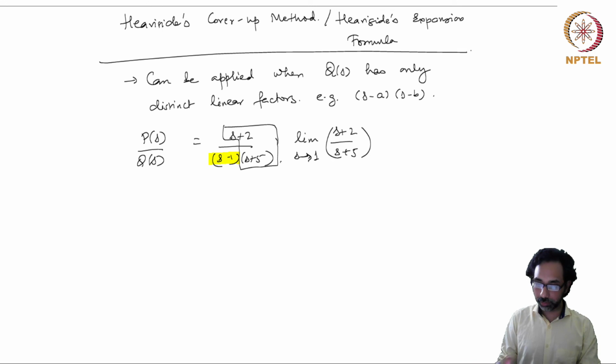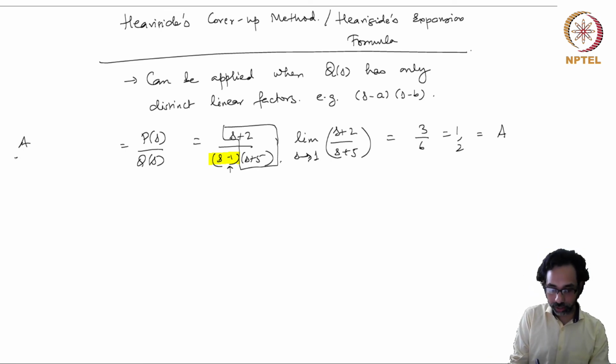So you're covering up one factor and just taking the limit of the function as s goes to this factor's constant. In this case you will get 3 by 6, which is half. So this gives you the value of a.